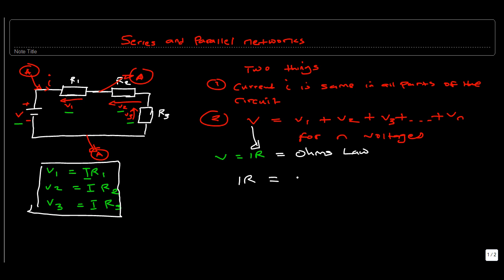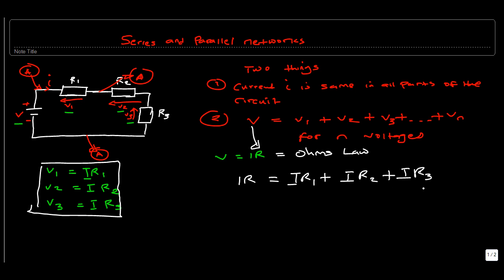So IR is equal to IR1, because V1 is equal to your current times your first resistor, plus I times R2, plus for the third resistor I times R3.